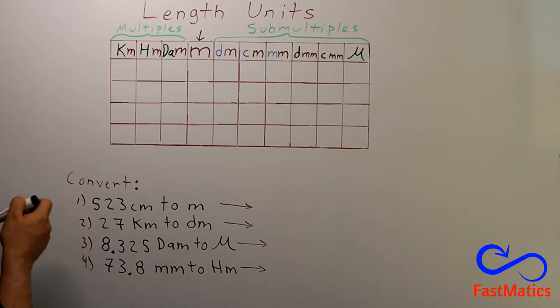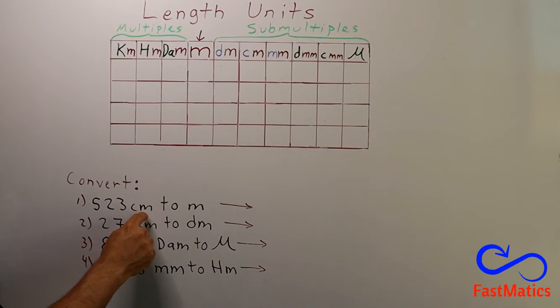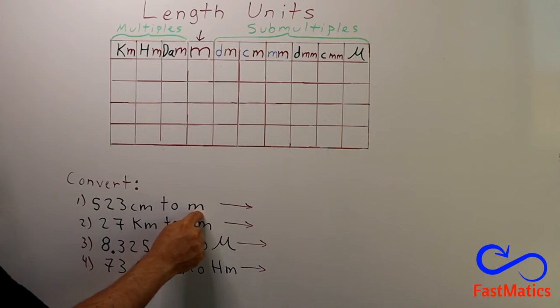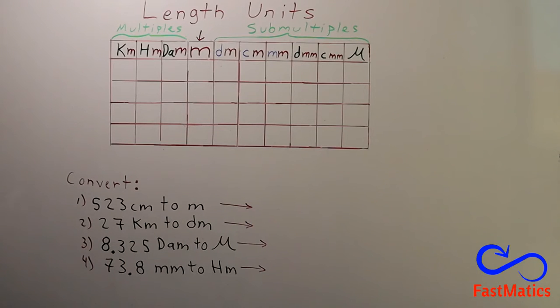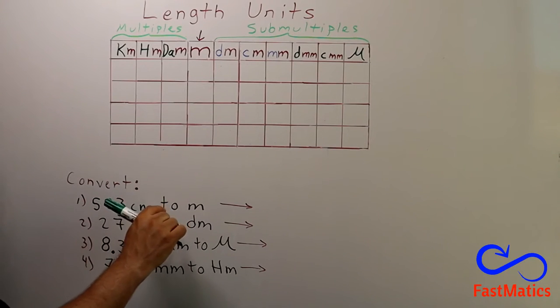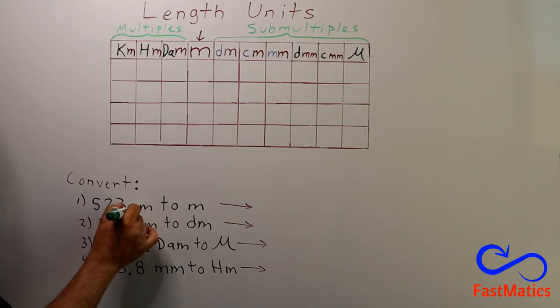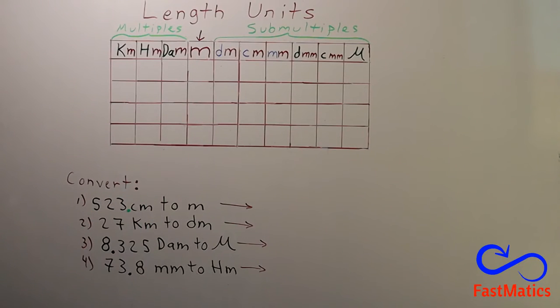Let's do some exercises. If you have 523 centimeters and you want it in meters, well, first of all, you have to find the decimal point. If you don't know where the decimal point is, you have it at the end of the number.